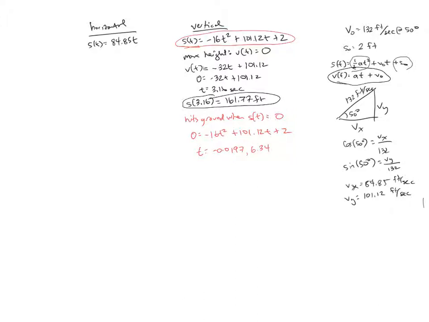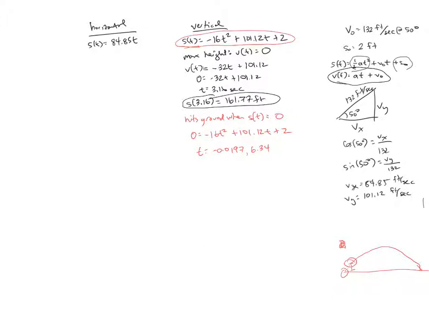Now this first number, you know it can't be negative, but that number kind of makes sense, because when the projectile was thrown, it was thrown from an initial height of something like 2 feet, and the motion looks something like this. If the ground is here, and you think of it as a parabola, there would be another x-intercept back here, but it's irrelevant to the problem because we started the motion right here.